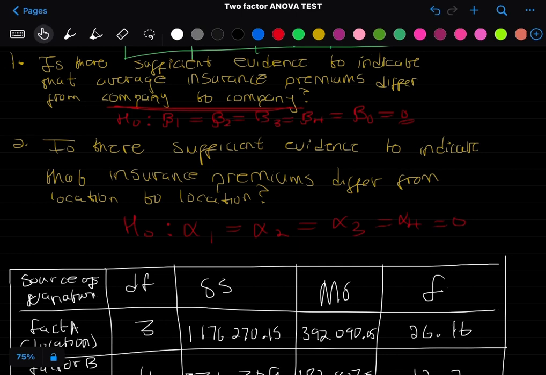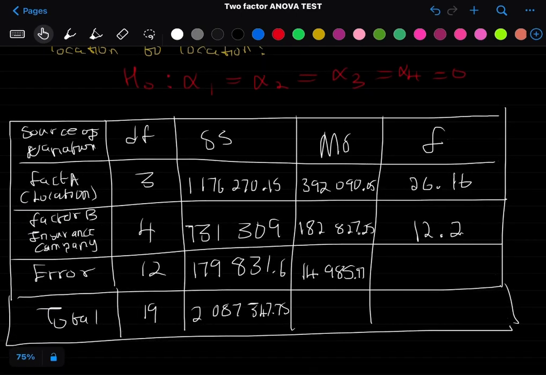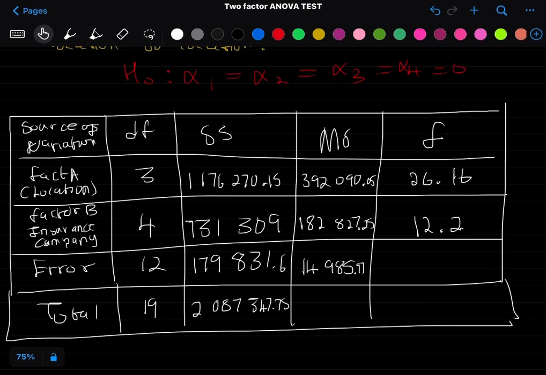Check if there is sufficient evidence to indicate that the coverage insurance premiums differ from company to company and from location to location. So now if we check our test statistic, we have got 26.16, and then for factor B we have got 12.2.